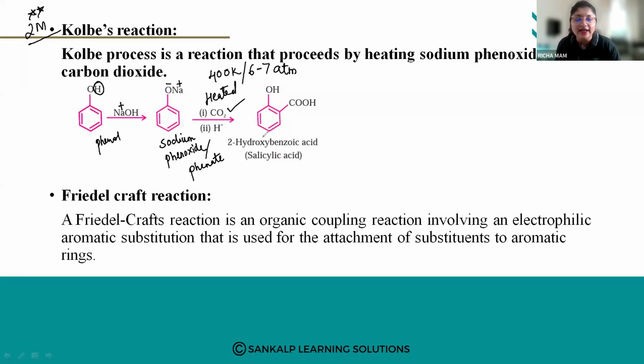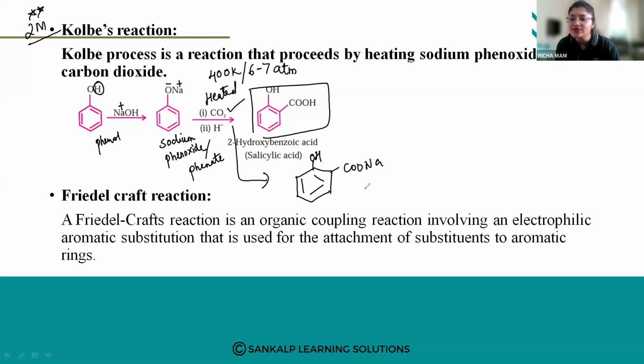They have directly written the final product, but there is an intermediate product which is formed, so I'll write it. This is sodium salicylate. Then we do acidification, and we get salicylic acid.